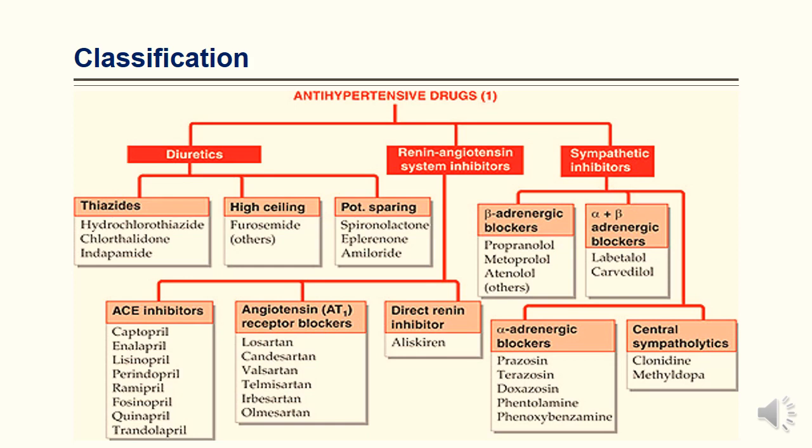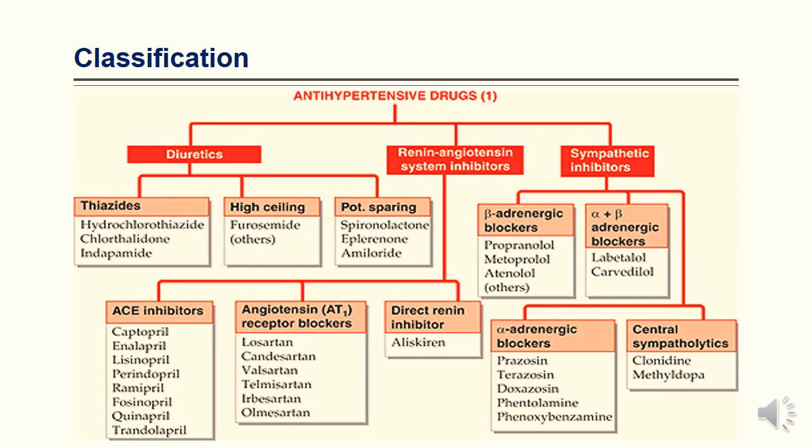It lowers blood pressure about as effectively as angiotensin receptor blockers, denoted here as AT1 blockers, and ACE inhibitors and thiazides. Aliskiren should not be routinely combined with an ACE inhibitor or angiotensin receptor blocker.